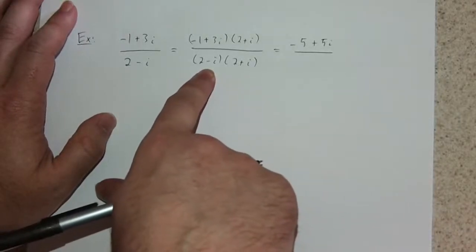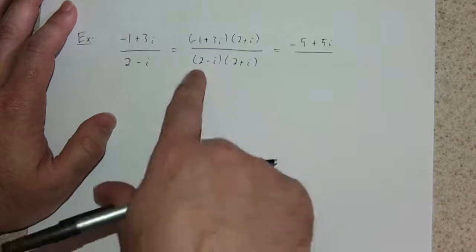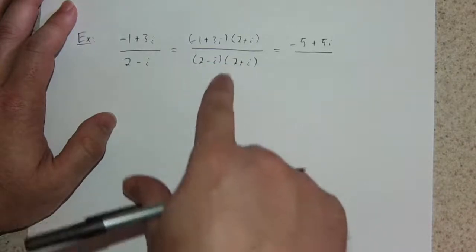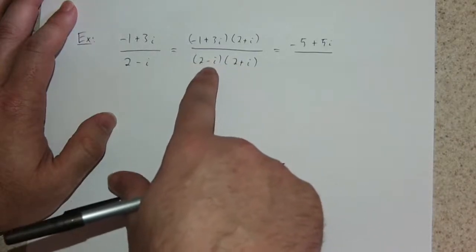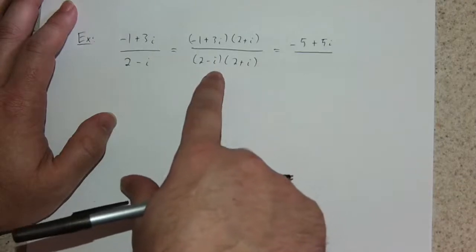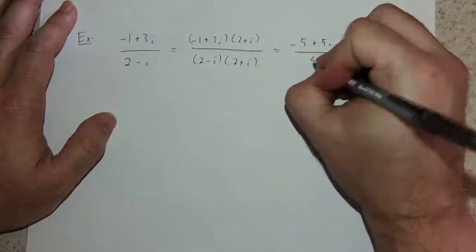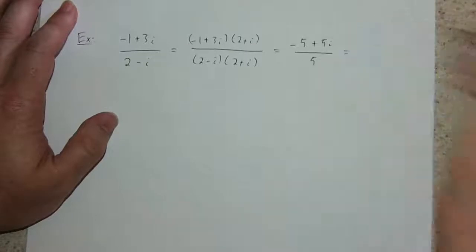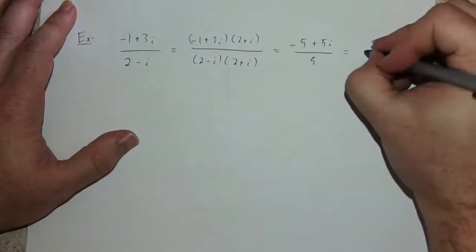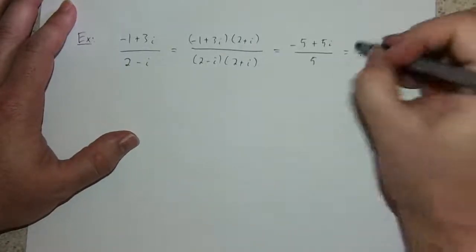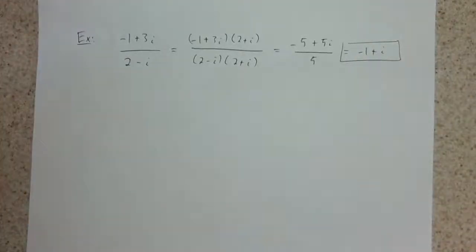So that's, what, 5? To see that, of course, the mixed terms cancel out. I would have 2 squared minus i squared. So that's 2 squared minus minus 1. So that's 5 here. And so actually, the top is easily divisible by this. So this is minus 1 plus i, that quotient. Okay, this is the trick that we did yesterday, right?